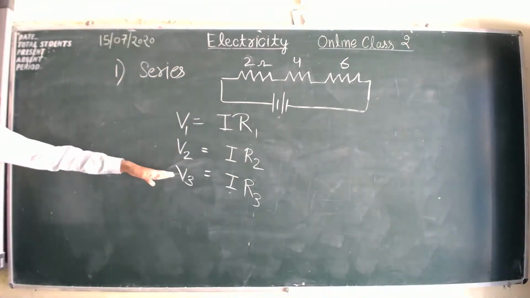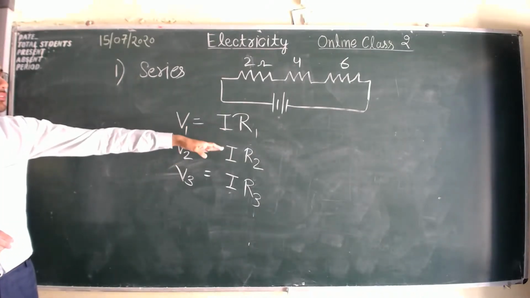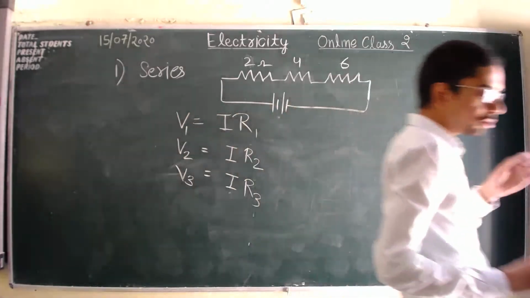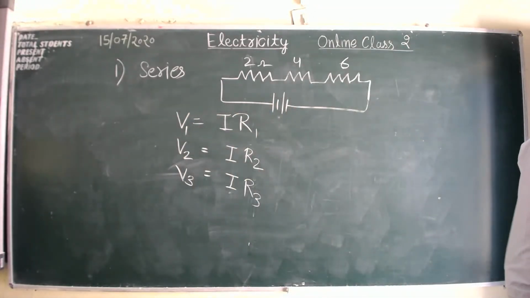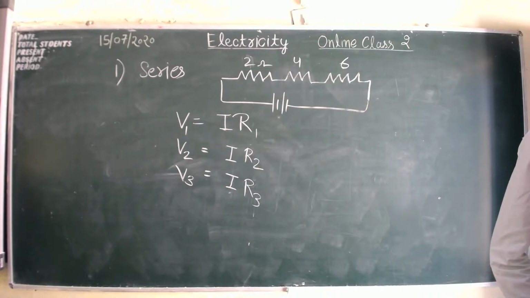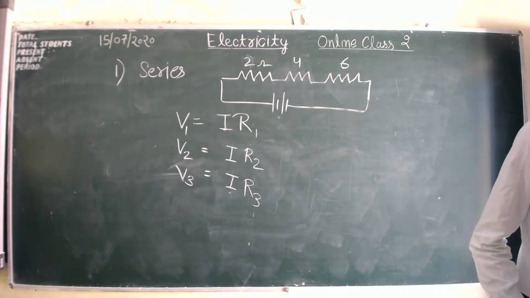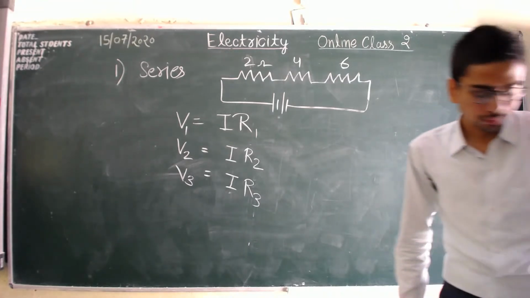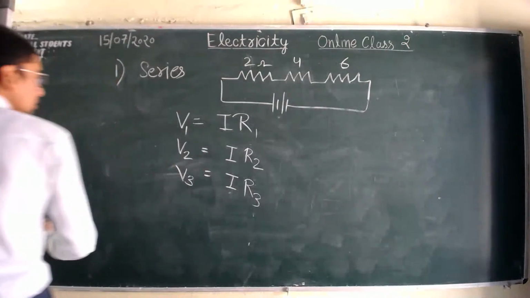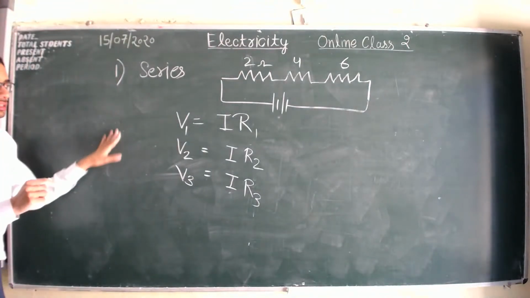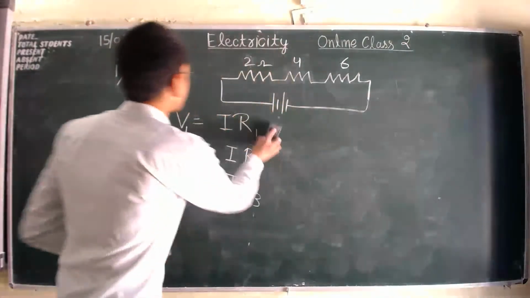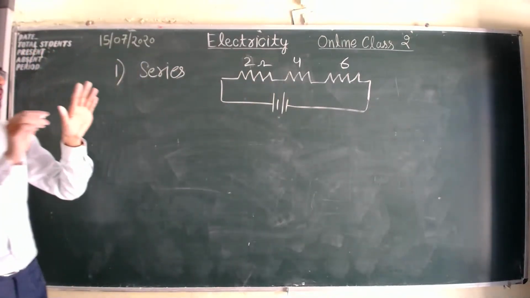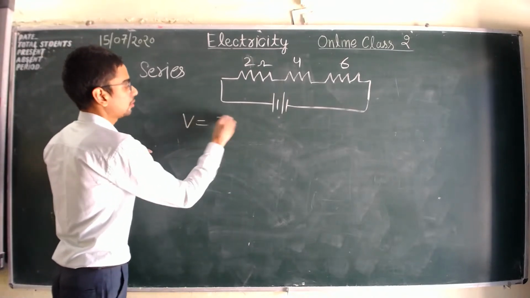V1 plus V2 plus V3, ओके, IR1, IR2, IR3। फर्स्ट आप इसको नोट कीजिए, इस फॉर्मूले को नोट कीजिए। नोट कर लिया? नाउ सी, what is the total Ohm's law?